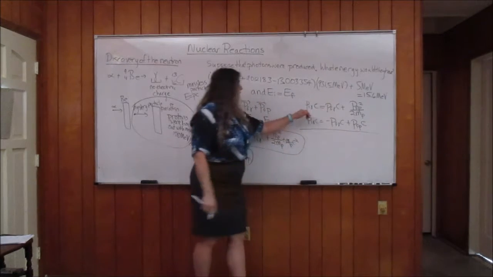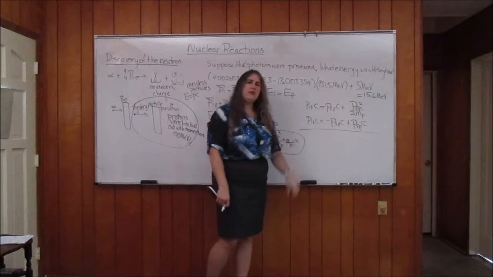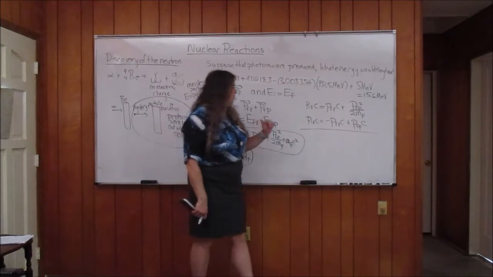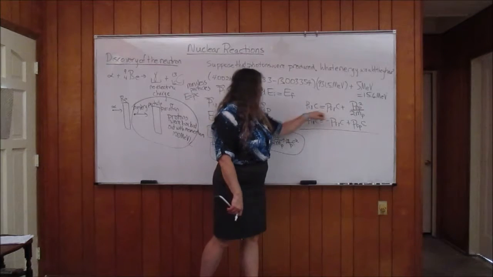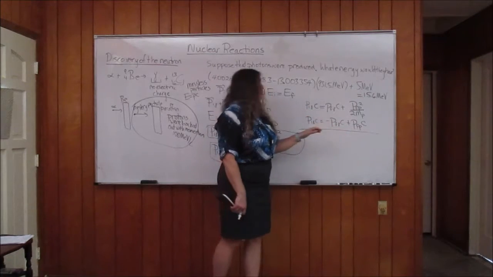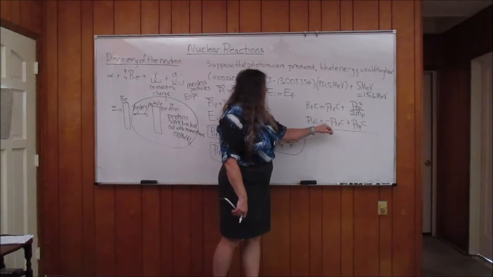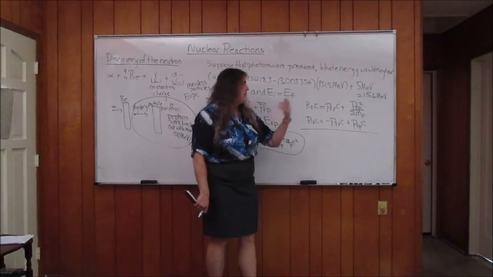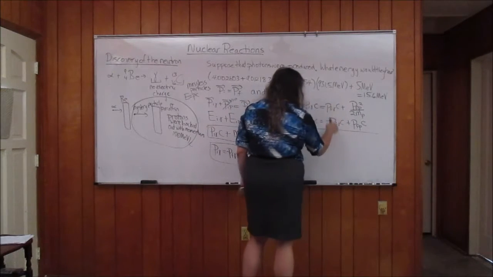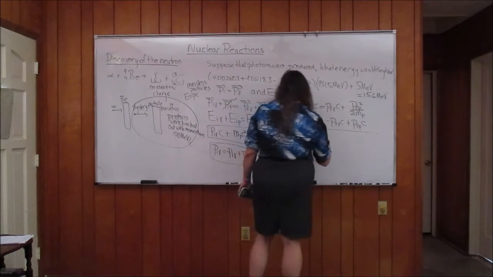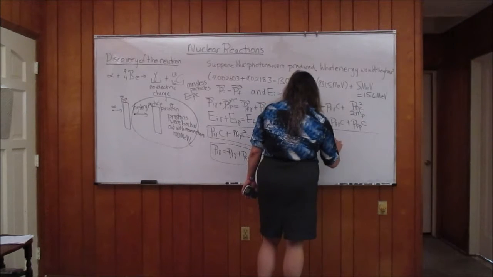So let me just read this off. This is p_i gamma times c is equal to p_f gamma times c plus p_fp squared over 2m_p. Again, this is from the energy equation. The second one's from the momentum equation, which I just multiplied through by c. So this is p_i gamma c is equal to minus p_f gamma c plus p_fp c. You add these 2 up, the f gamma terms drop out.